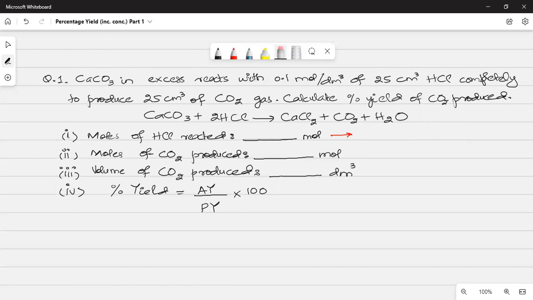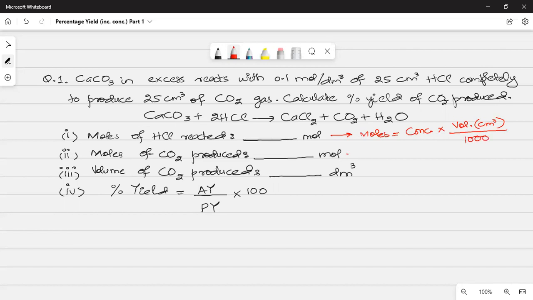I'm going to rearrange the formula for your own ease. So moles are actually going to be equal to concentration multiplied by volume. The volume is in centimeter cube, so it's better that you divide the whole thing by 1000.